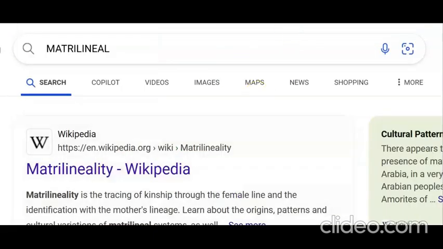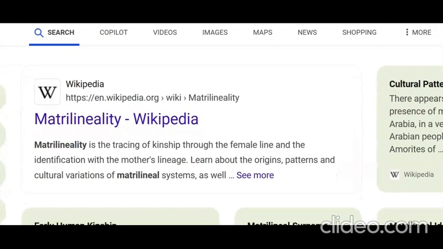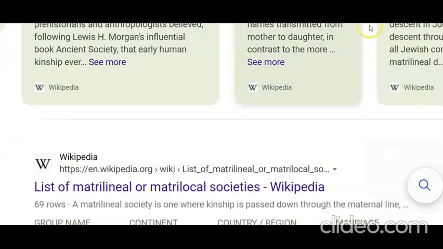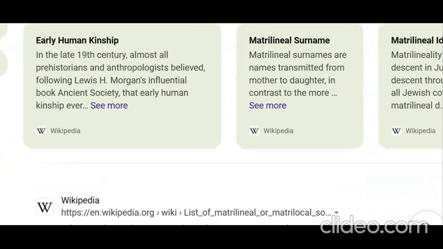Of course, the Jewish society is matrilineal, tracing kinship through the female line. Of course, they're all trances, so ancient society.